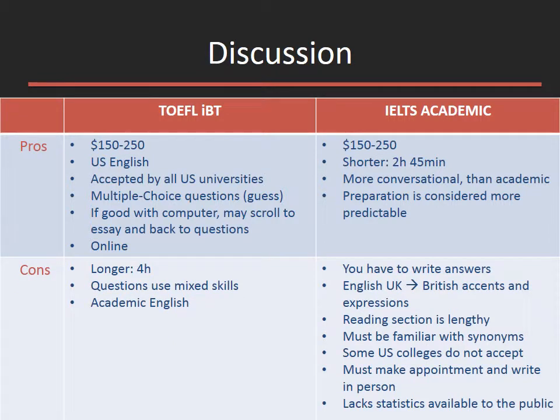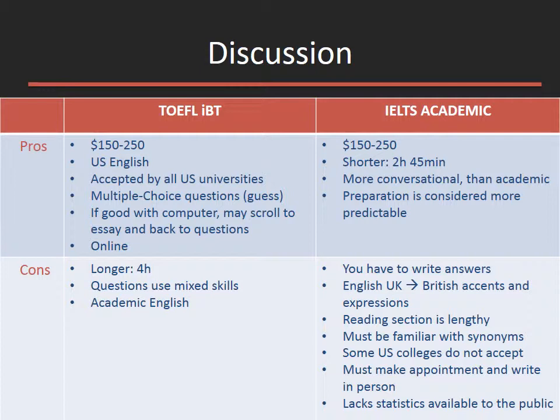Not discrediting the IELTS academic test, it also has its own set of pros and cons. The positives behind this measure include its price being equivalent to that of the TOEFL iBT, costing between $150 and $250. Also, it's shorter than the TOEFL at 2 hours and 45 minutes. It's more conversational rather than academic, and preparation is considered more predictable.